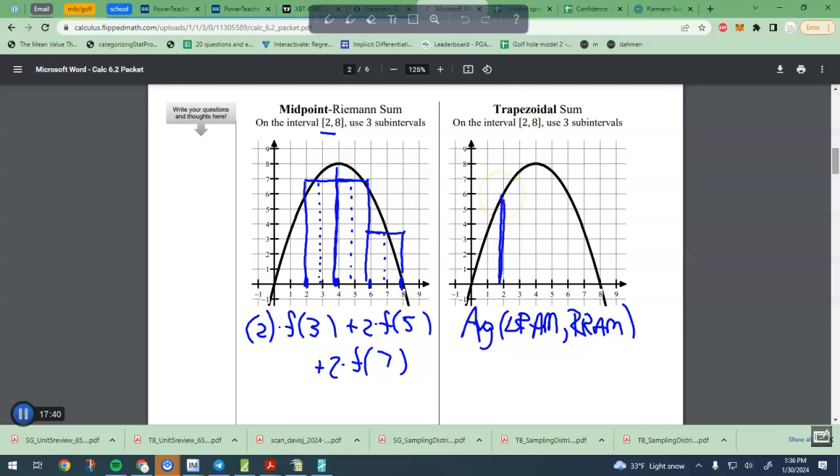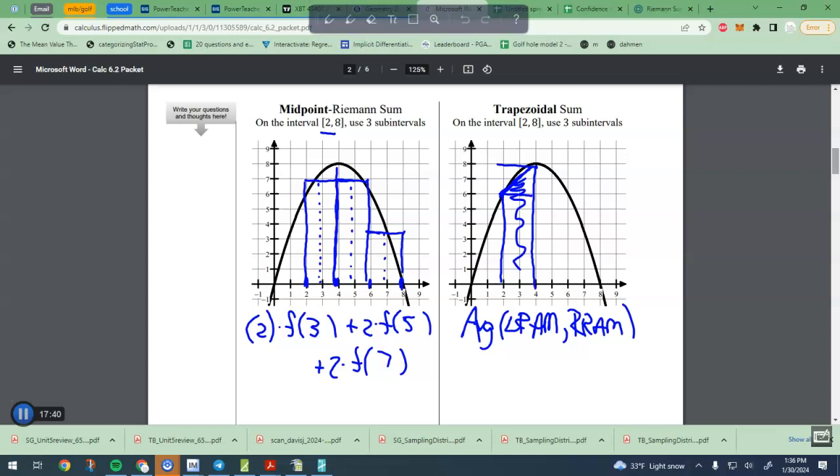If I look at this rectangle here, the LRAM would be here, the RRAM would be here, and the trapezoid makes it there. So it just kind of cuts that part in half, and it ends up just being the average of these two. So typically, it's easiest for me at least to just find left and right and then average them together.